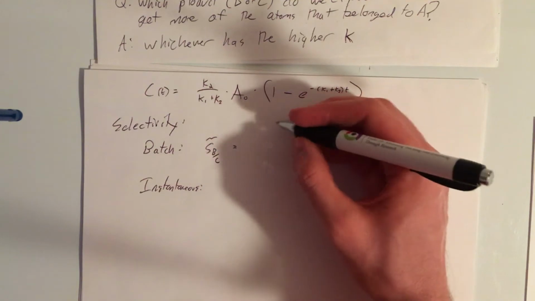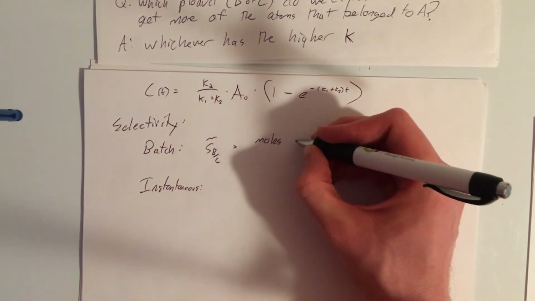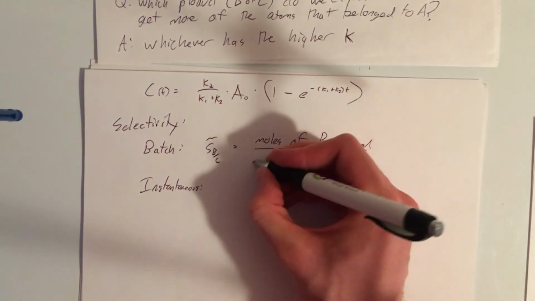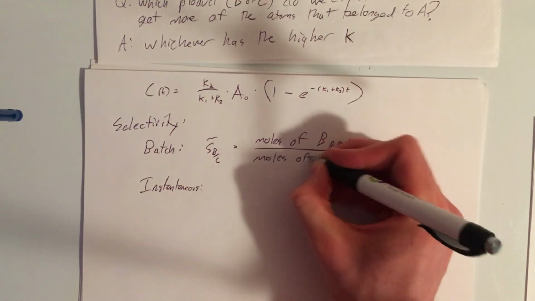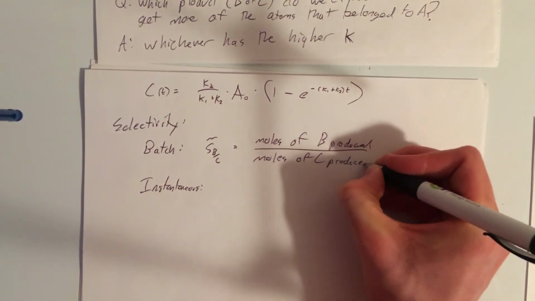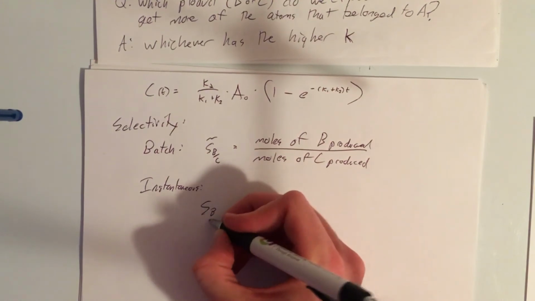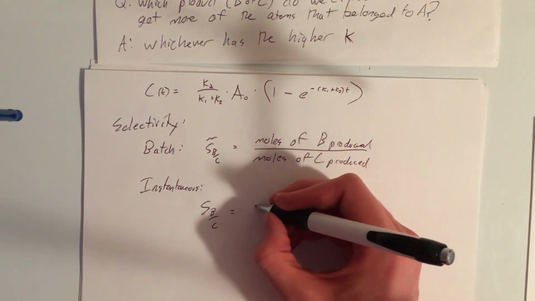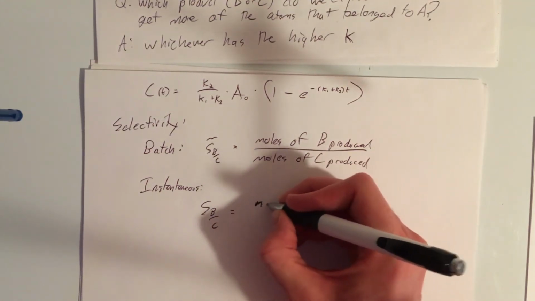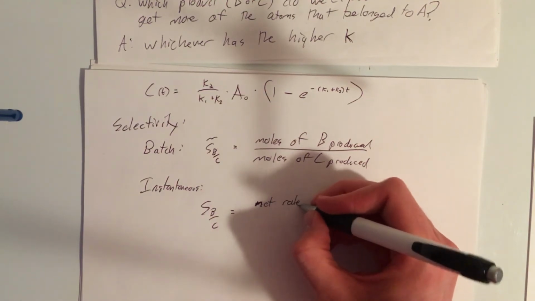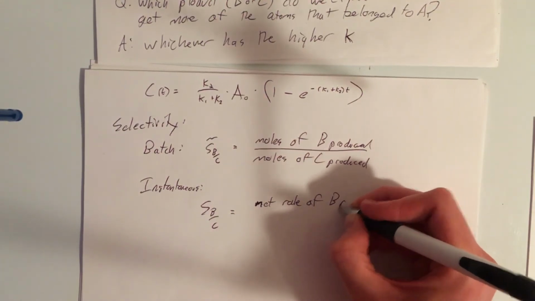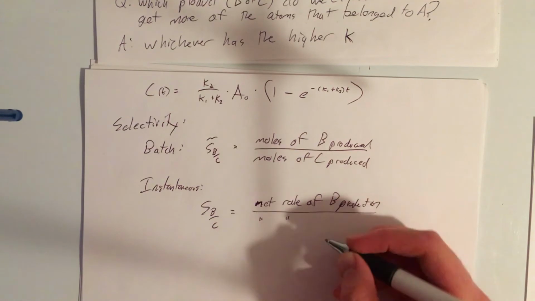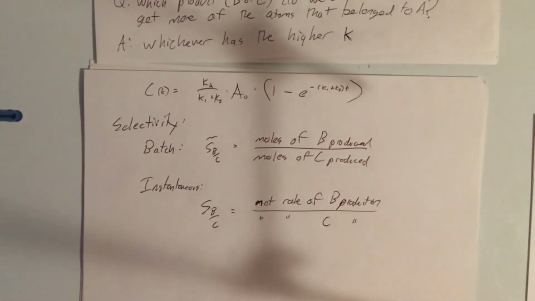And in batches, that would be moles of B produced divided by moles of C produced. In our instantaneous selectivity, we don't put a tilde over it, and it's still B with respect to C. In this case, it's the net rate of B production divided by the net rate of C production.